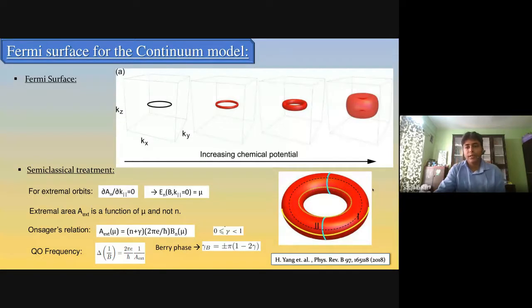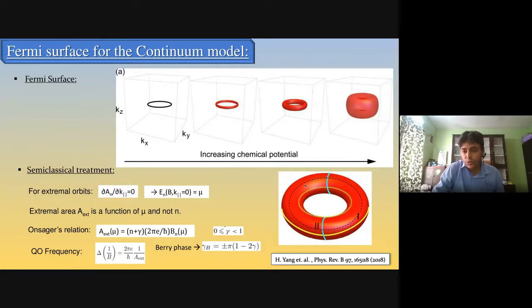Now, in this case, we have to find where the area of cross section of the Fermi surface becomes extremal. These areas of cross section are always perpendicular to the direction of the magnetic field. So if my magnetic field is in the z direction, the extremal surfaces correspond to kz equals 0, or k parallel equals 0 more precisely, where parallel means the component of k along the magnetic field direction.